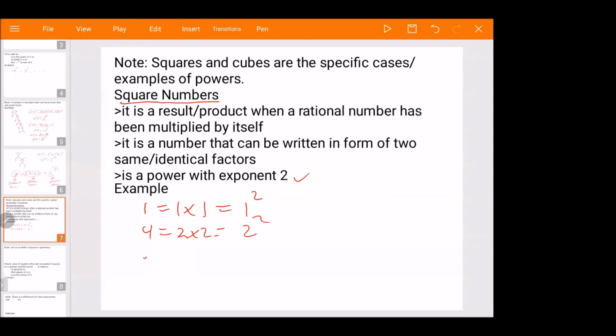The third square number is 9. 9 can be written as 3 times 3, or 3 to the power of 2. And 16 is also a square number: in product form, 4 times 4, and in power form, 4 squared. So remember, the square numbers are the results, not the factor numbers. So 1, 4, 9, and 16 are square numbers.